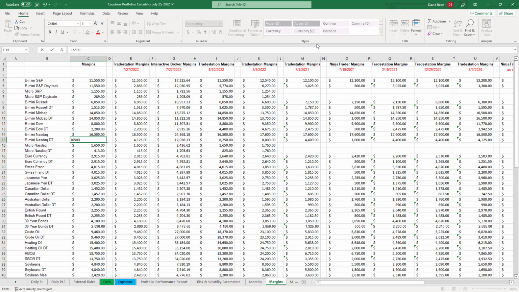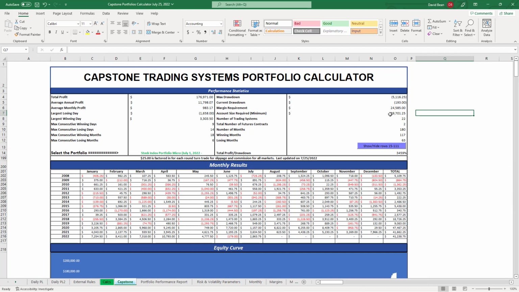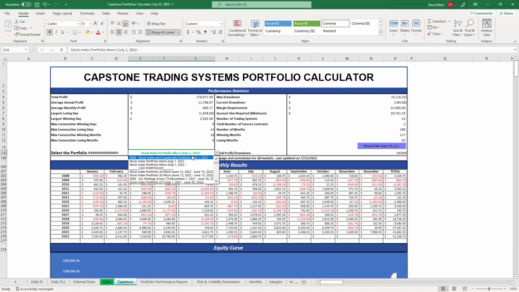And you can make that decision on your side if you trade these portfolios to use a smaller number in this list, but my recommendation is to stick with the conservative capitalized amounts, and you can see here 30,000 for the stock index portfolio.